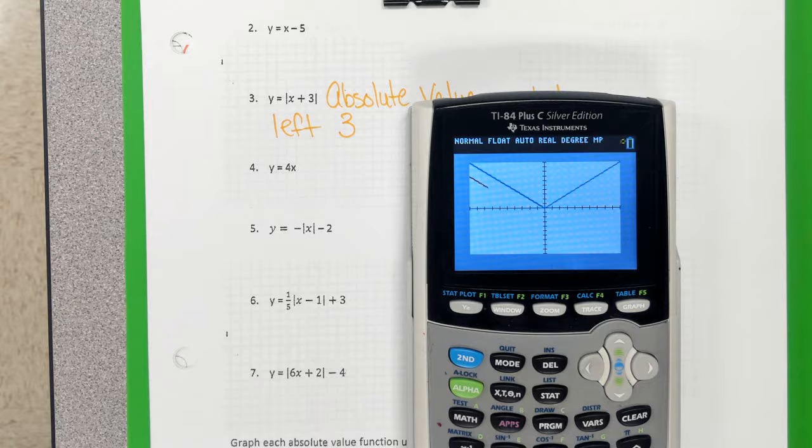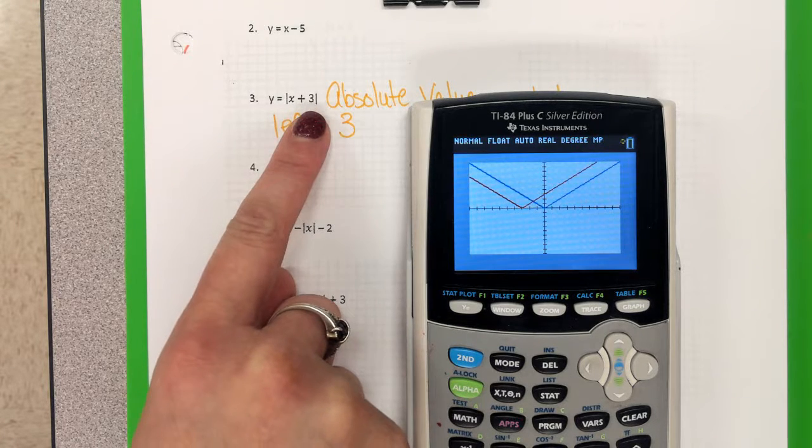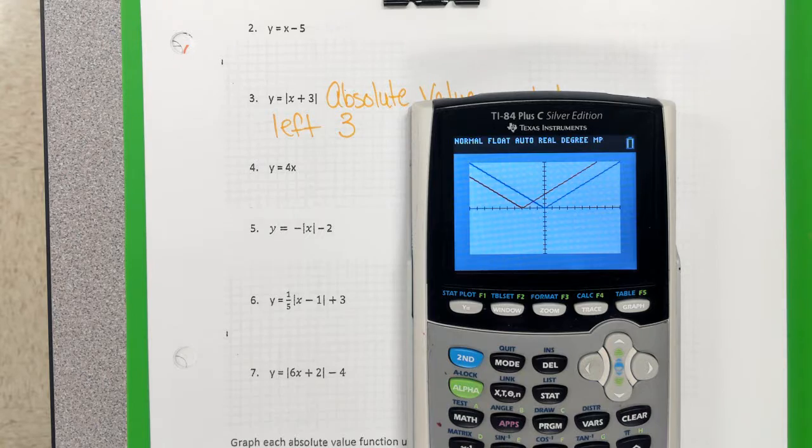It should be X, just like it says, X and then +3. Then hit your right arrow button, then hit graph. Good. First one's your parent graph. Second one's your transformation, and then move left 3. Right? Yes, ma'am. What happened?